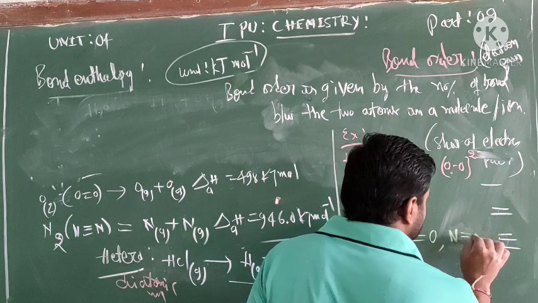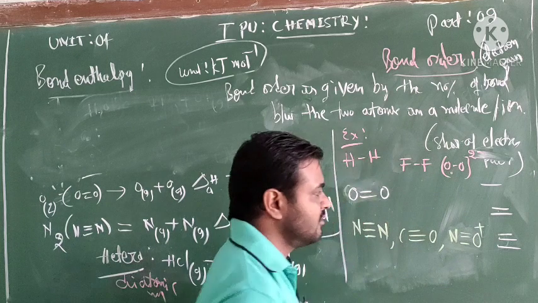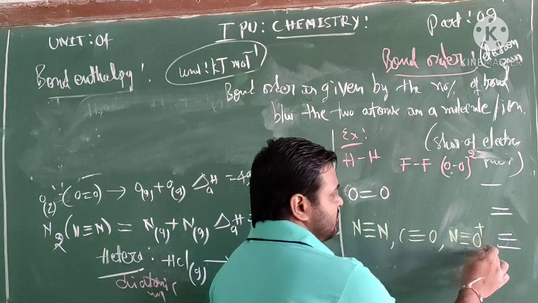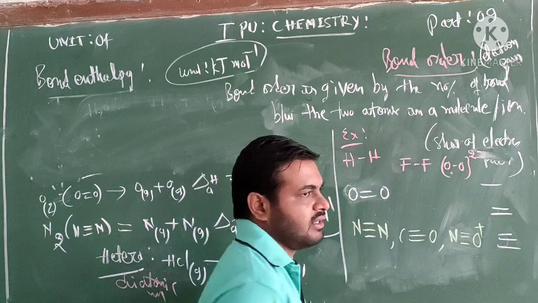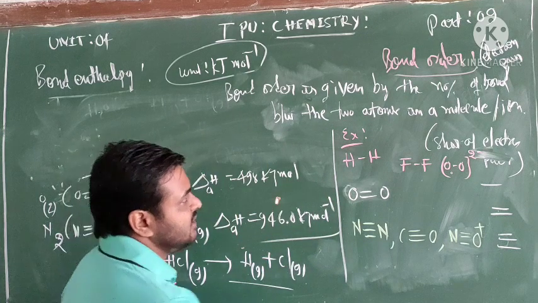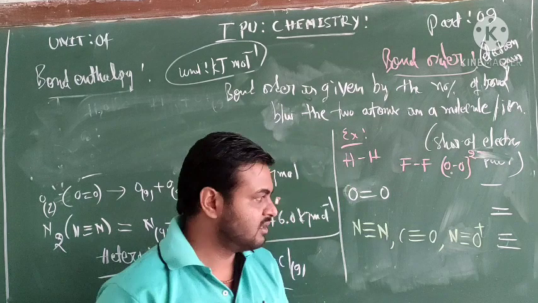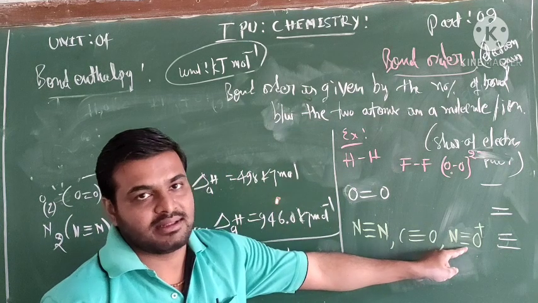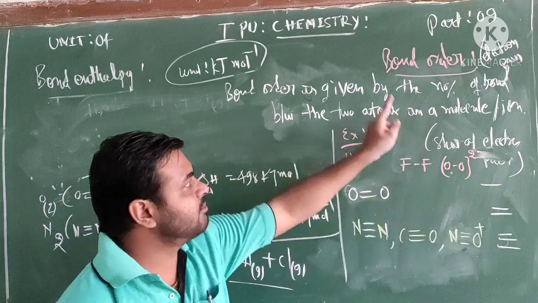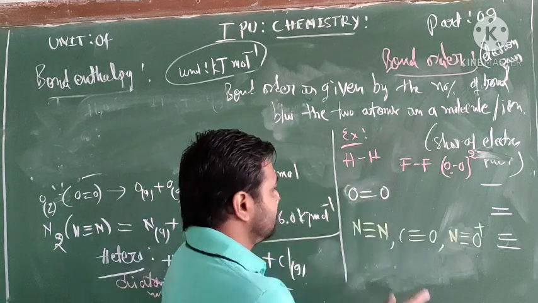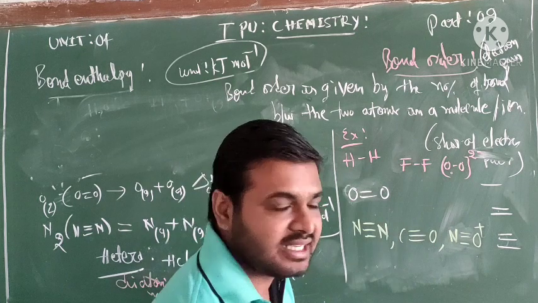Then nitrogen oxygen ion, NO plus. Whether it is a molecule or an ion, we consider only the number of bonds as the bond order. Okay, just look at these first examples.